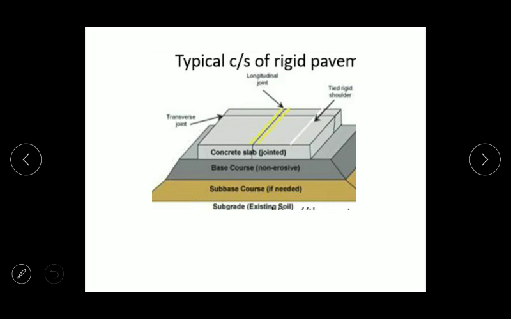Fourth, flexural strength of concrete is the major factor for design. Fifth, it distributes the wheel load over a wider area of subgrade because of its rigidity and high modulus of elasticity. And design of rigid pavement is carried out as per IRC 58.